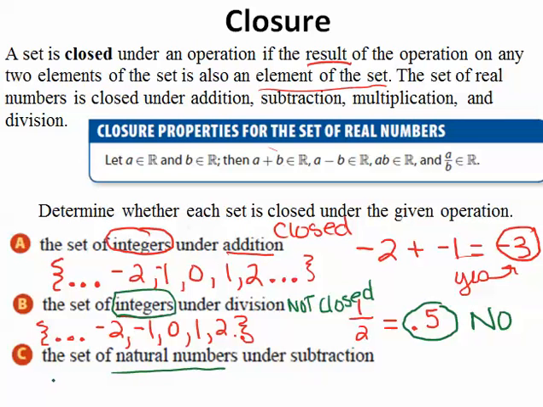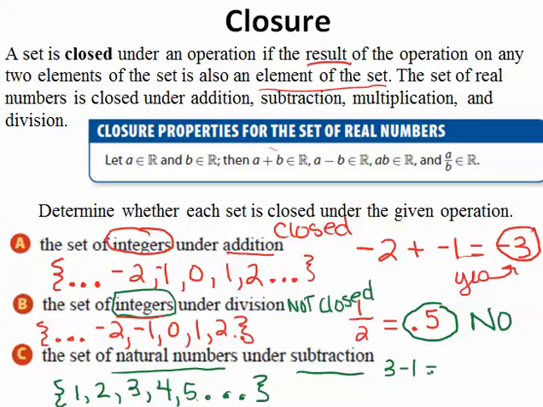Okay, so let's try natural numbers. Now remember, natural numbers are counting numbers. So I'm going to start 1, 2, 3, 4, 5, dot, dot, dot. And remember, if you get one answer that doesn't fit, the whole thing is not closed. Okay, so let's see. It's under subtraction. So let's do 3 minus 1.